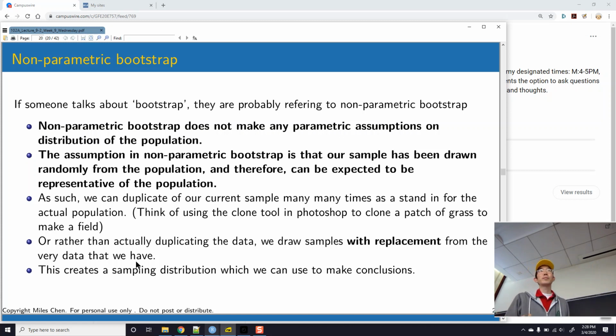You can think of a deck of cards: you can stack 50 of them together, or you can just take a deck of cards and every time you draw a card you put it back, sampling with replacement, and they would be pretty much equivalent. Sampling with replacement is equivalent to copying and pasting your sample an infinite number of times. Then we use that quote unquote population to generate our sampling distribution. Does that make sense?